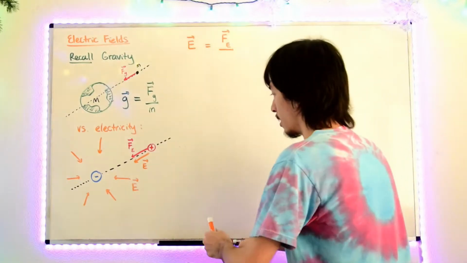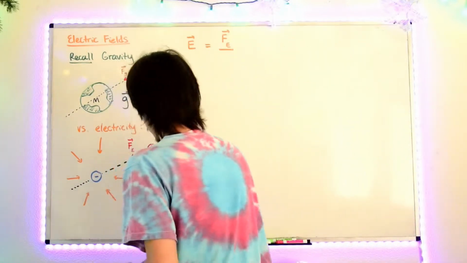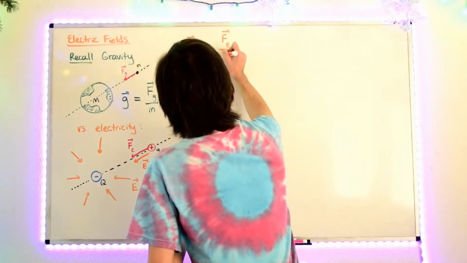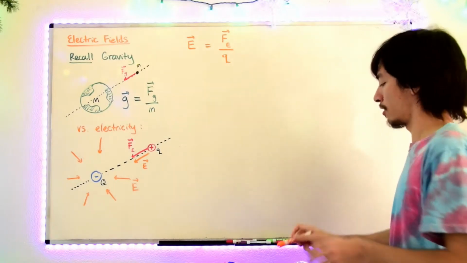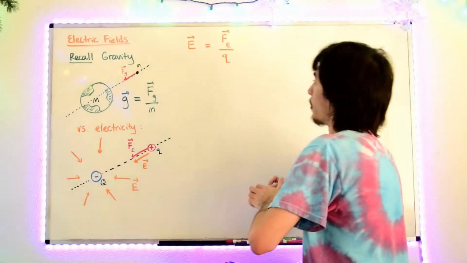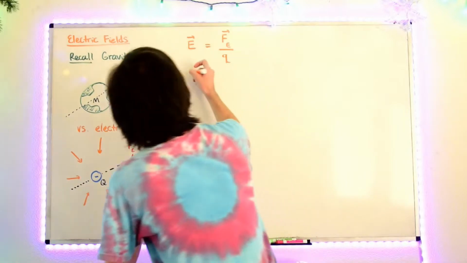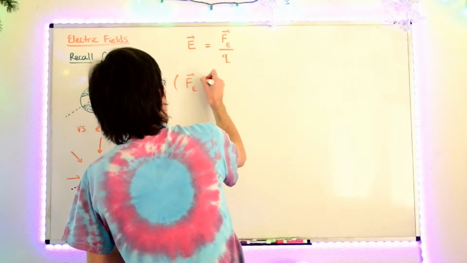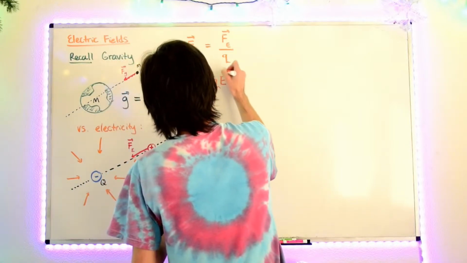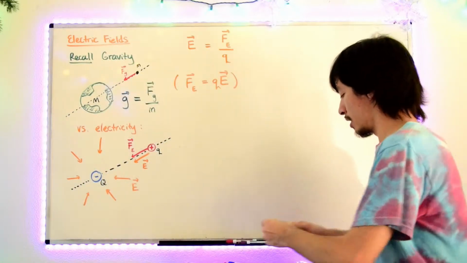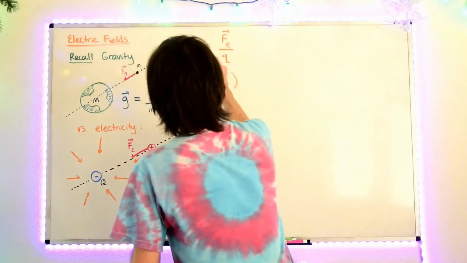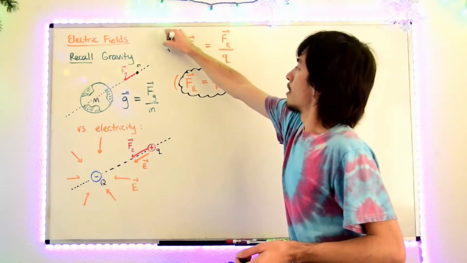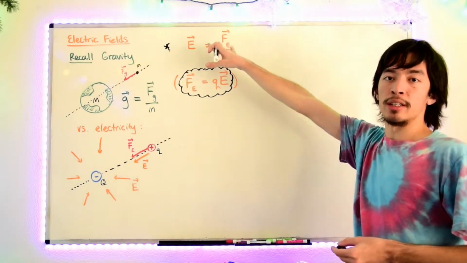Let's call this lowercase q, and let's call the other charge capital Q. So we divide out the test charge from the equation. A lot of times this is written in a single line: the electric force is just the product of the charge put in some electric field. So a lot of times this is what we go to right here. But this is where we get the idea of what an electric field is.